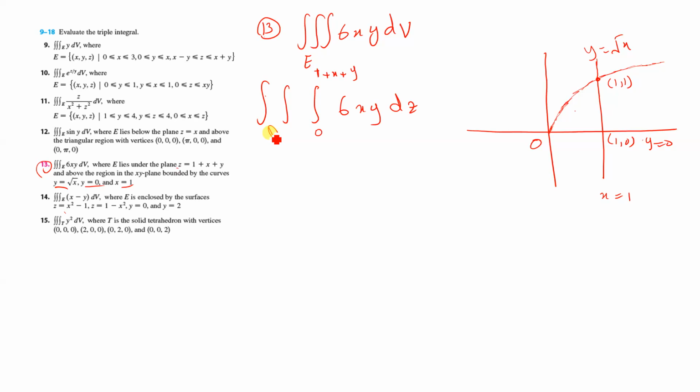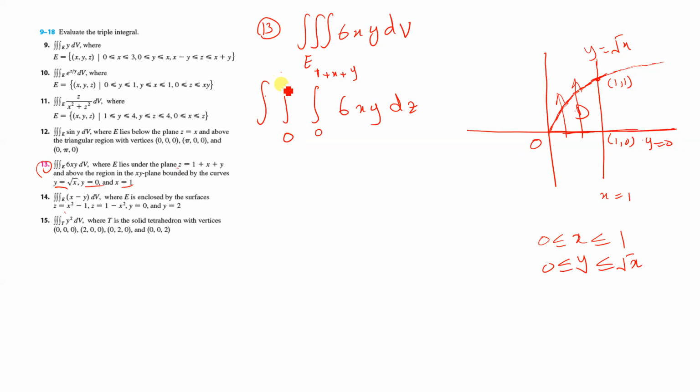So we have to determine x and y from this region. In this region you can see that the minimum value of x is 0 and the maximum value of x is 1, whereas y is bounded below by this line, along which y is equal to 0, so y is greater than or equal to 0, and bounded above by this curve, along which y is equal to square root of x, so y is less than or equal to square root of x.